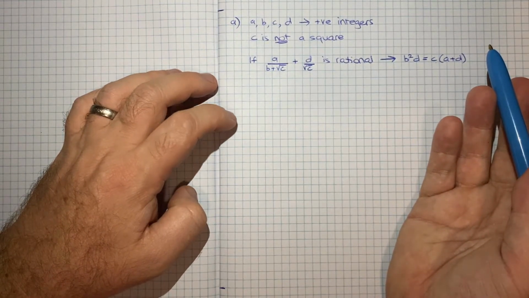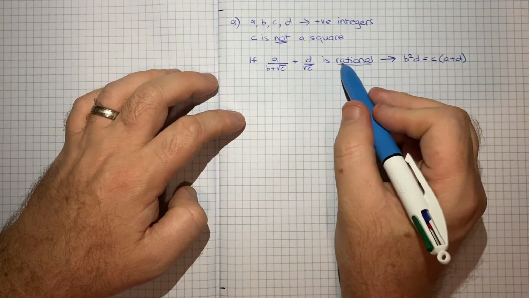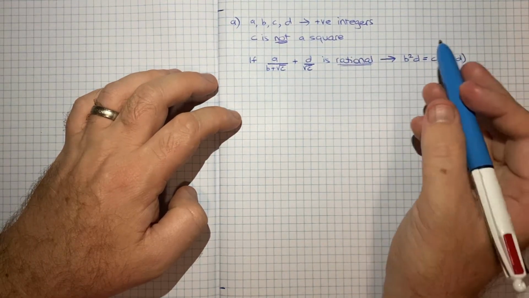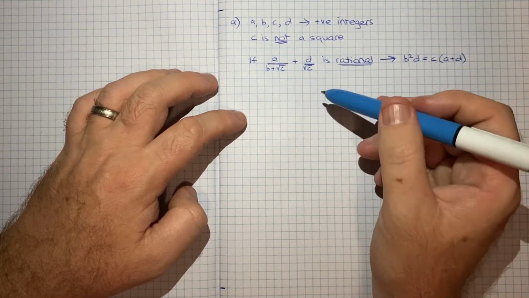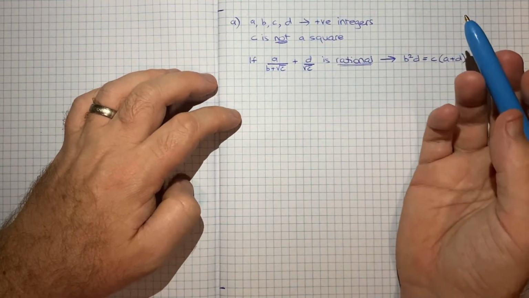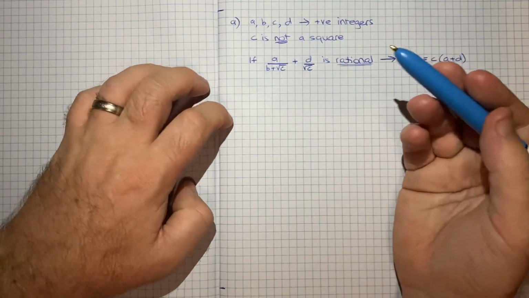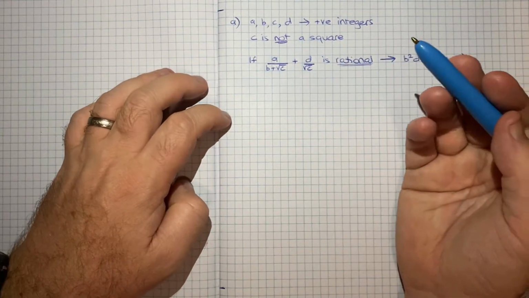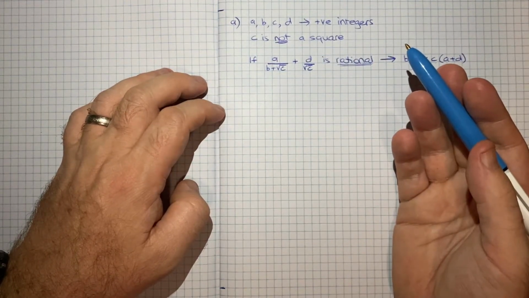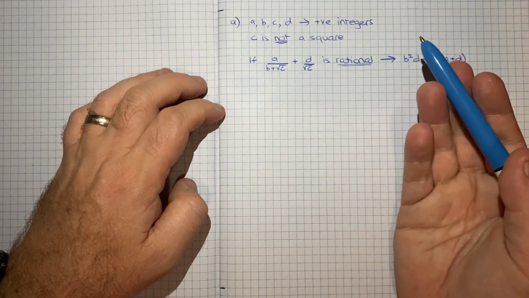Often when you're faced with proving that things are rational, you're ultimately trying to show that something can be written as a fraction where both the numerator and the denominator will be integers. When we're doing this by contradiction, often you assume that it's equal to something like P on Q, and then a contradiction arises from making that assumption.